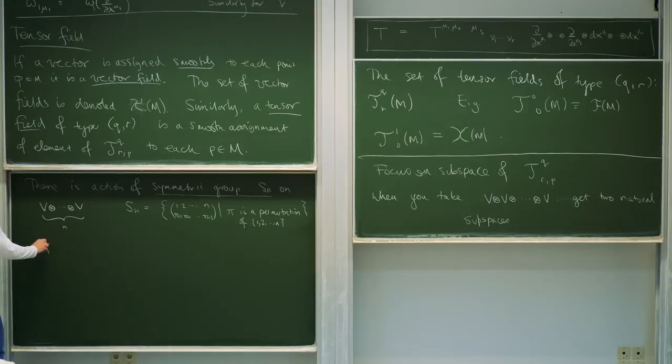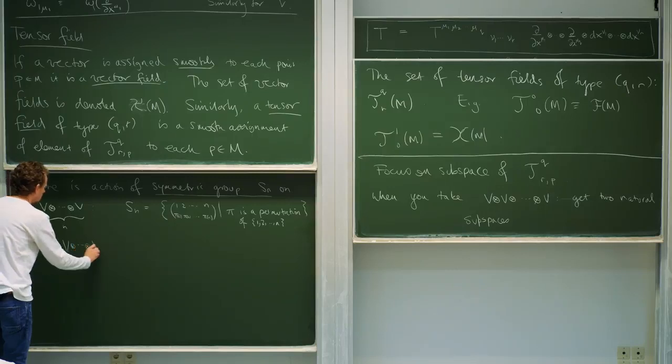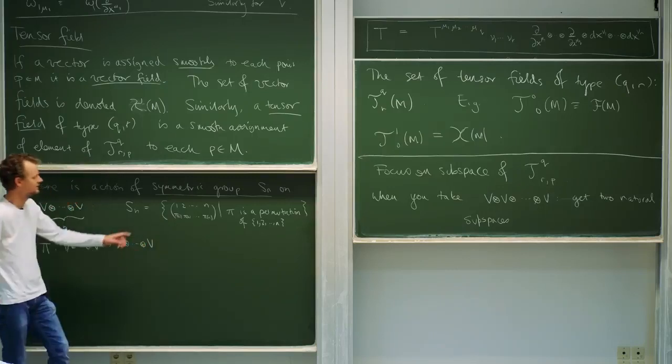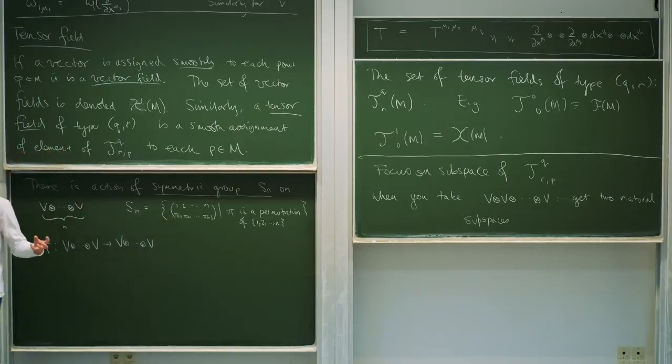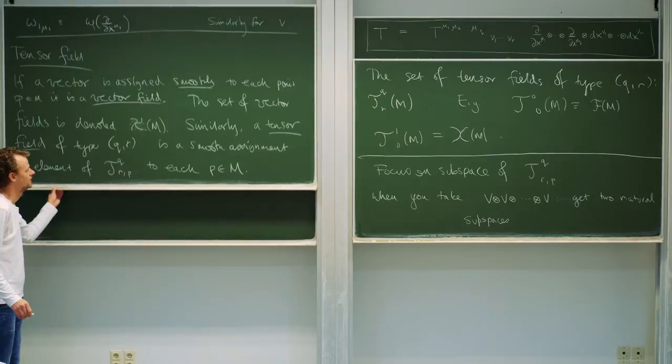I'm going to be slightly not careful in my notation here. I'm going to take the symbol pi both for the representation of the thing and the thing itself. It's a bit naughty, but it should be relatively clear in this context.